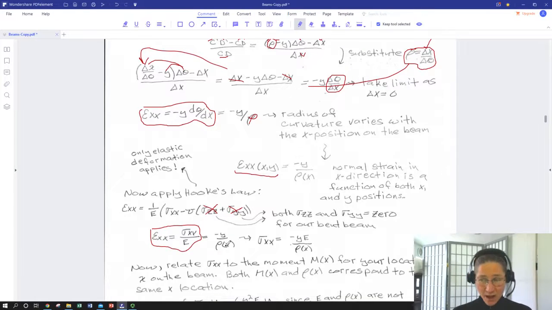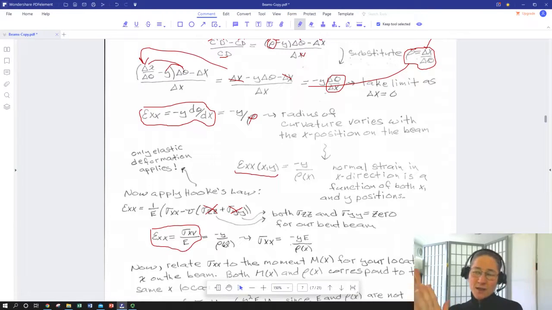The x dependence of this axial longitudinal stress comes via that radius of curvature, because that's changing as we go along the beam. Unless we've bent it into a circular arc, which is very rare, this rho is what's going to change as we go from one part of the beam to the other. And that's going to be a function of moment and our point loads.